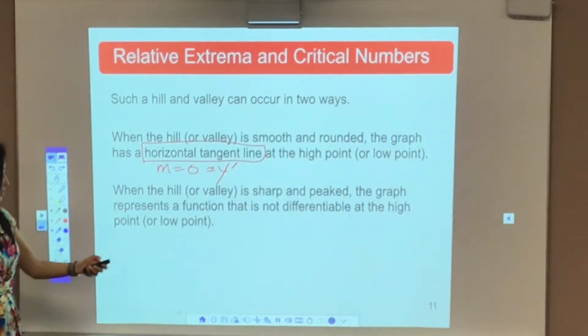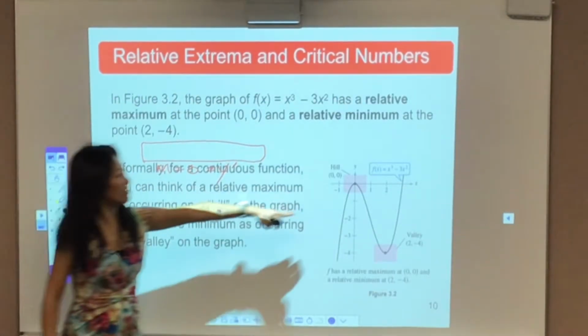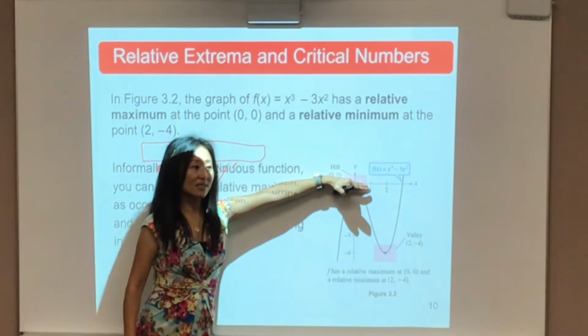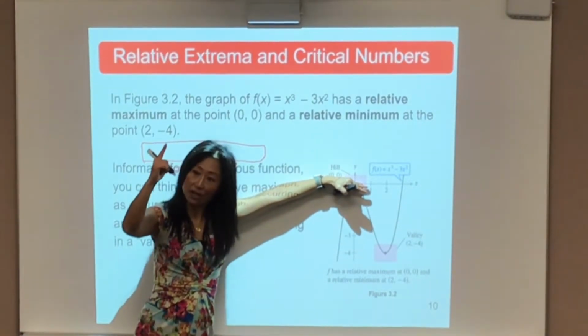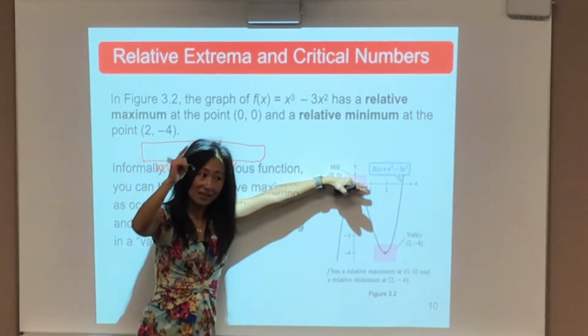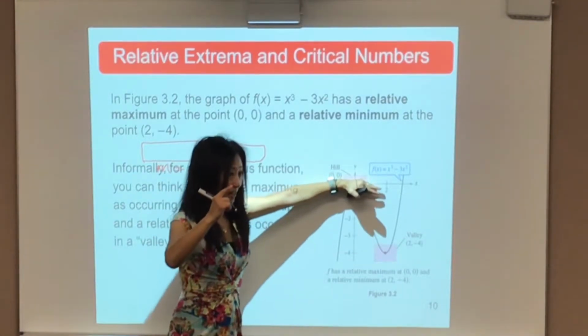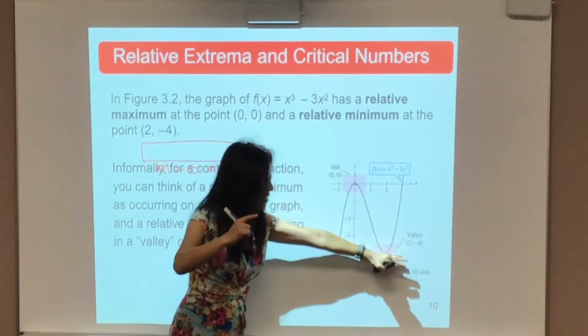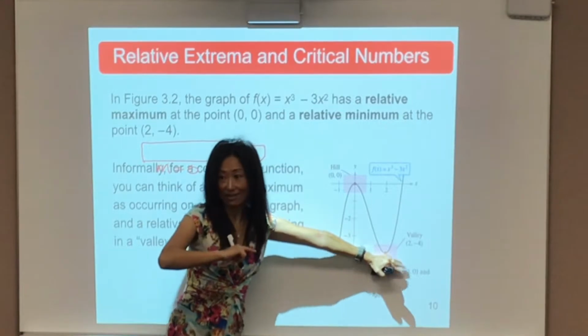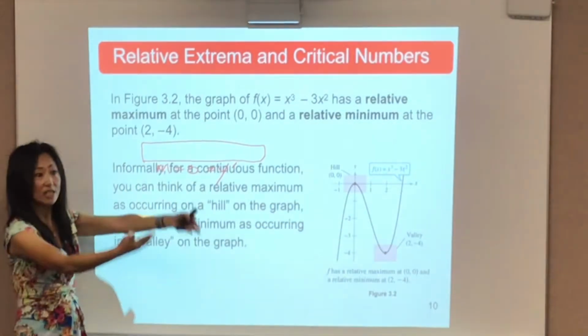In other words, if my slope is 0, or my first derivative is 0, then there is either a maximum or a minimum. You just figure it out. That's why chapter 3 is a continuation from chapter 2.